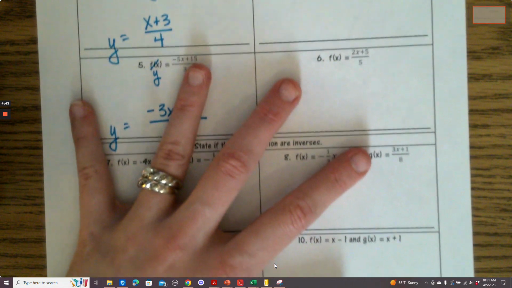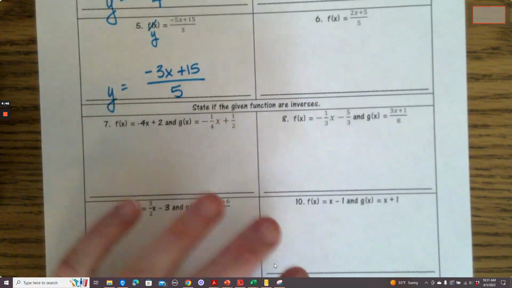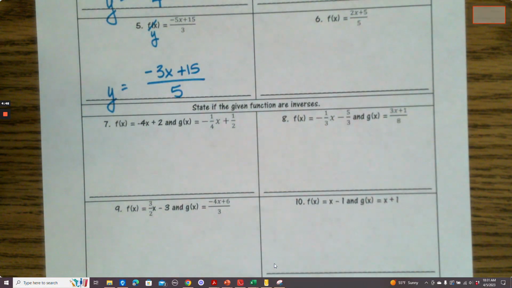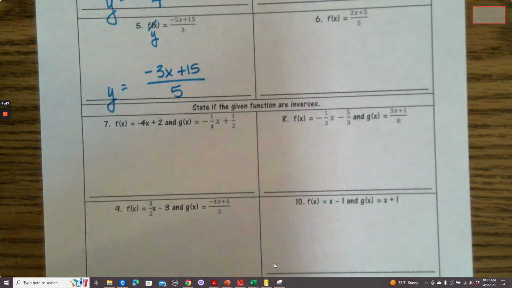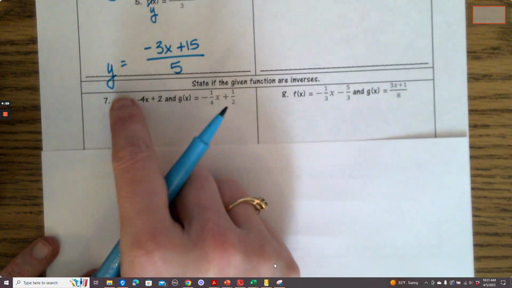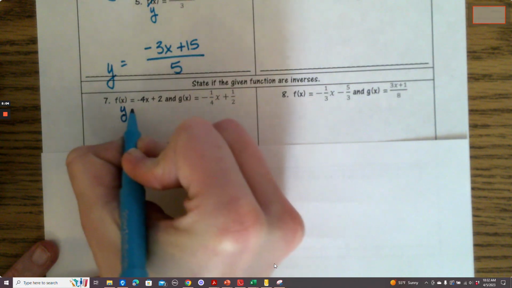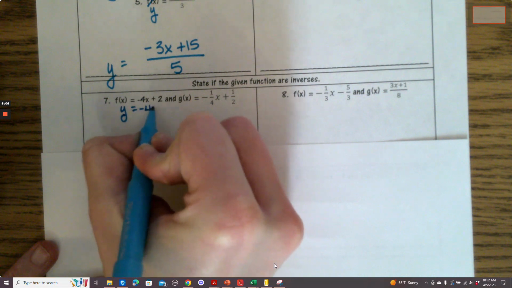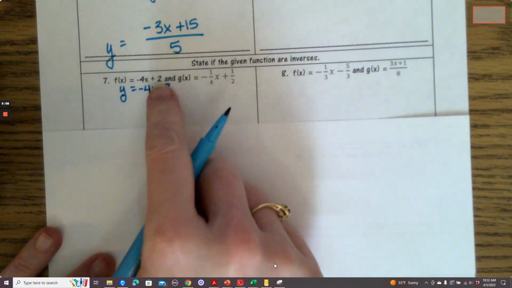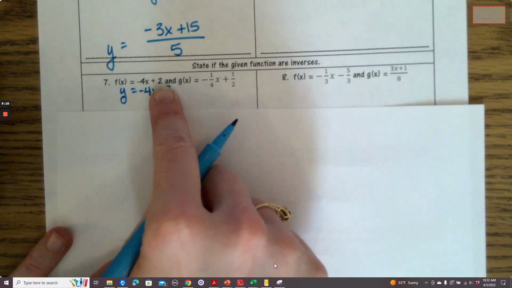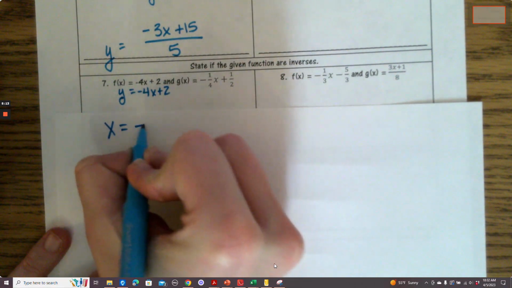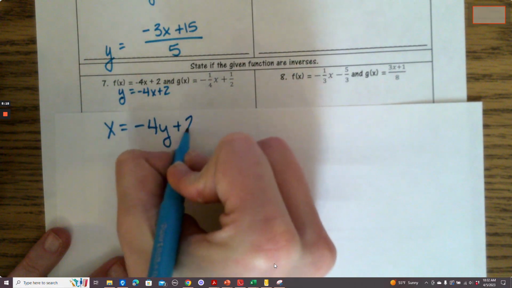All right, on number 7, or actually everything on the bottom, we have got to decide if these are inverses. It's a yes or a no. So what you can do is take f of x, I'm going to take this one. y equals negative 4x plus 2. And I'm just going to find the inverse of this. So that would be x equals negative 4y plus 2.